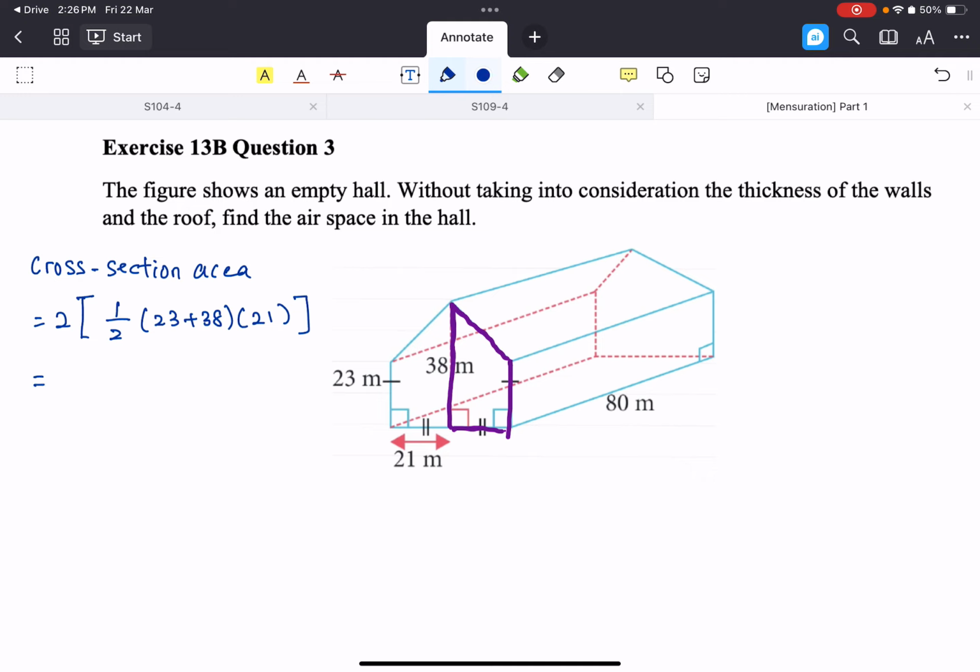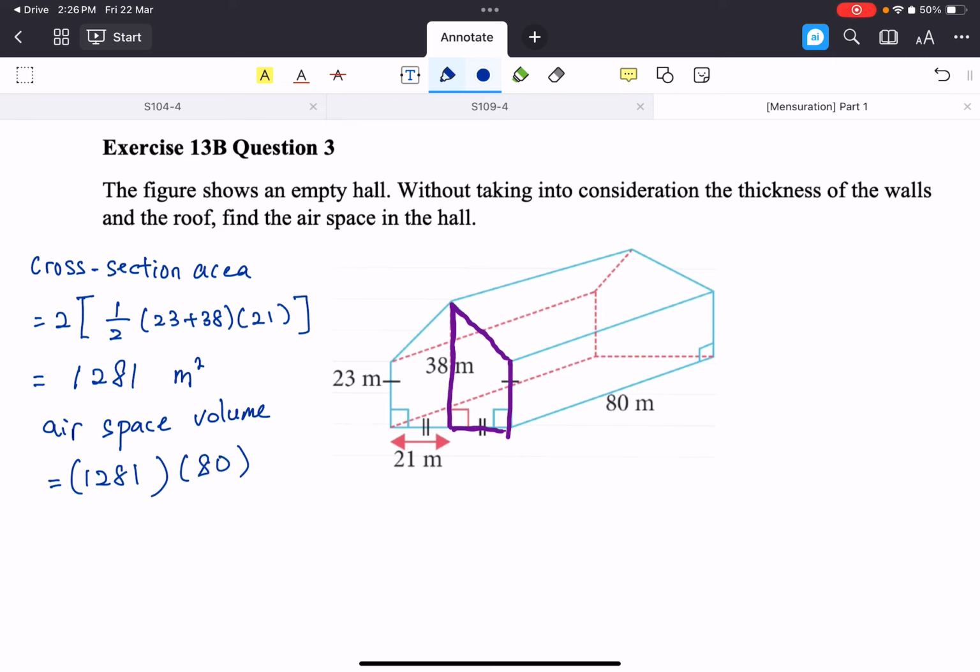So using our calculators, that will be 23 plus 38, times 21. That gives us 1281 square meters, right? So finally, the airspace volume is going to be 1281 multiplied by 80, right?